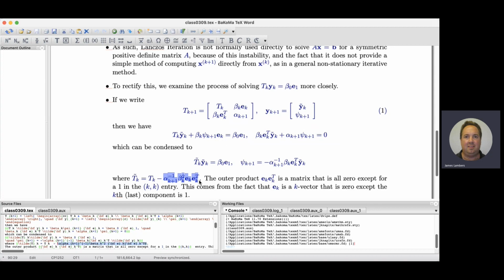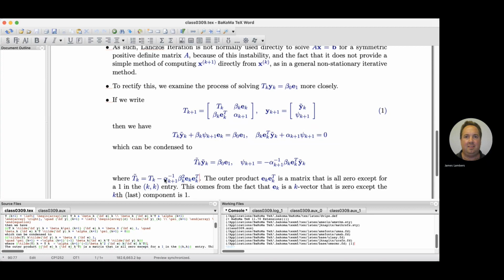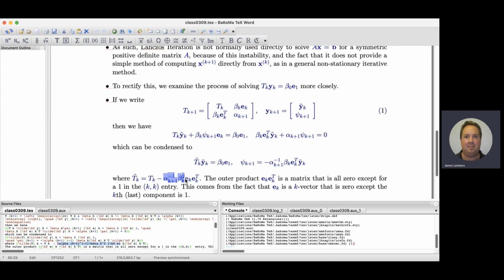So this right here is a matrix that is all zeros except for a 1 in the kk position, and then that gets multiplied by this scalar to put that number in that last position. So tk tilde is nothing more than tk with this value subtracted from the kk element. All right.